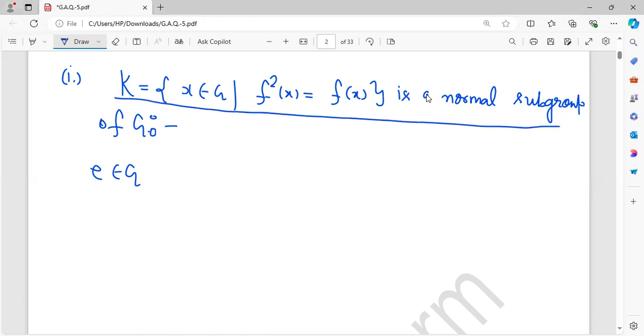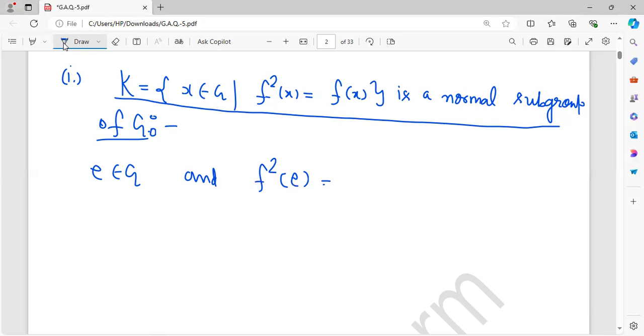How? K is a non-empty set. So identity belongs to G, and identity satisfies this condition. And what is f²(e)?